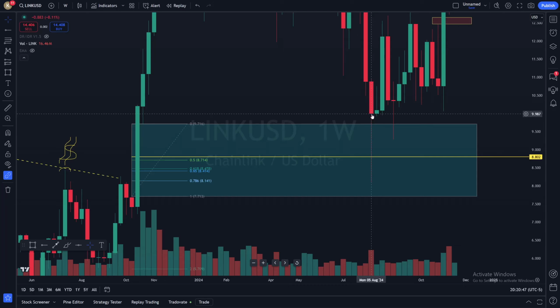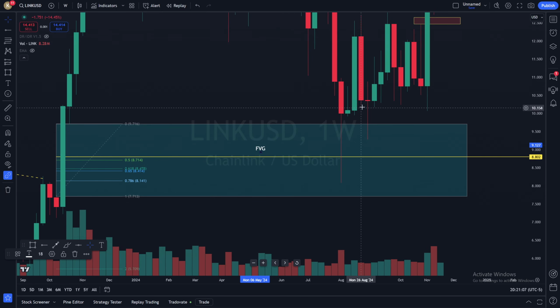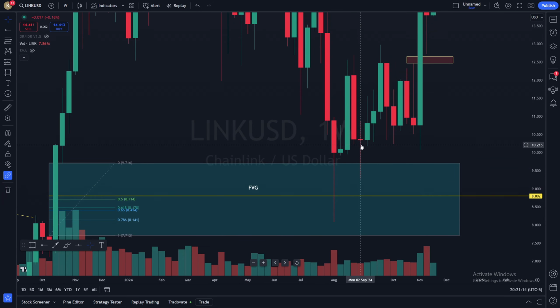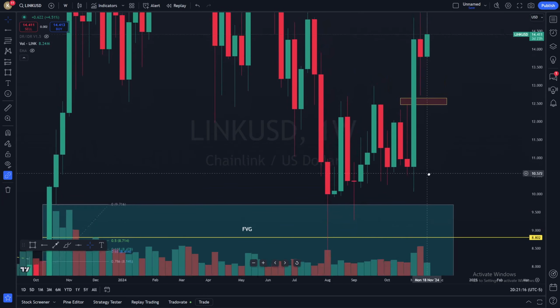When price quickly moves away from this fair value gap, that's what the ICT boys call it, or displacement area, and it trades through it but then closes away from it, that means this zone is very, very strong when it comes to the buying pressure. The market comes back, nicks it again, and closes in a doji candle. That's the last of it. We don't see anything else.